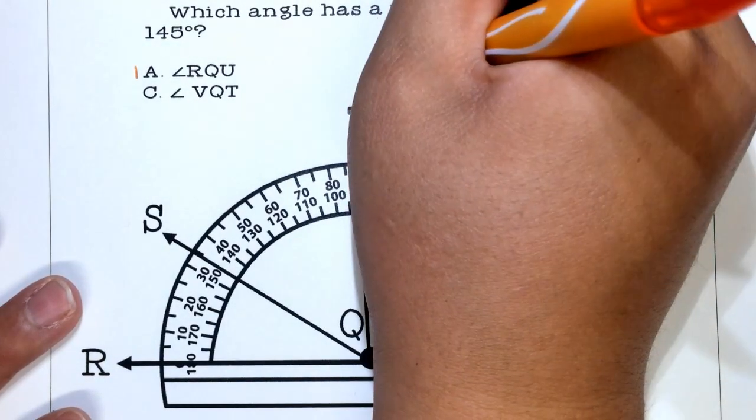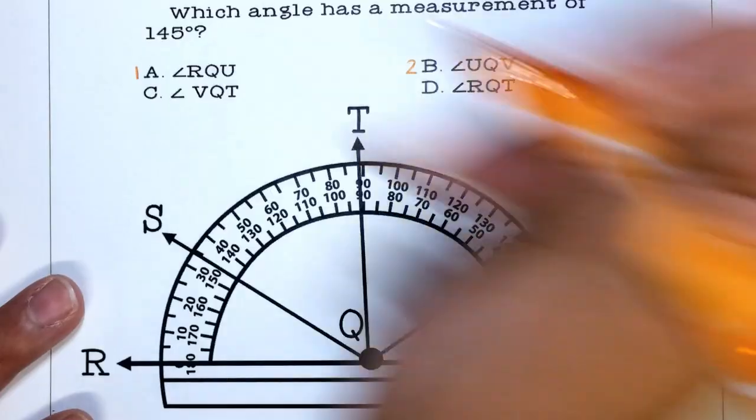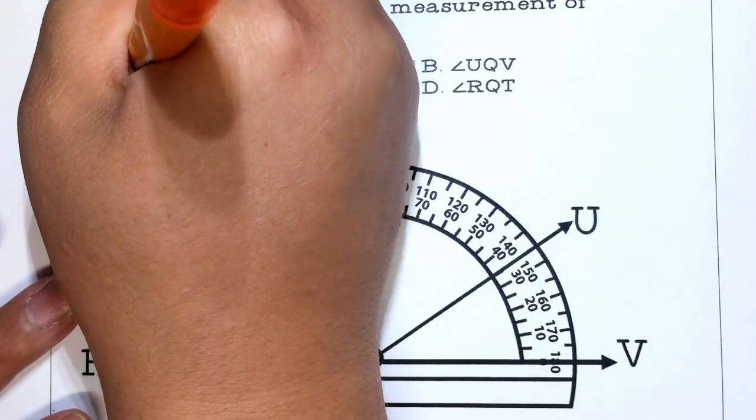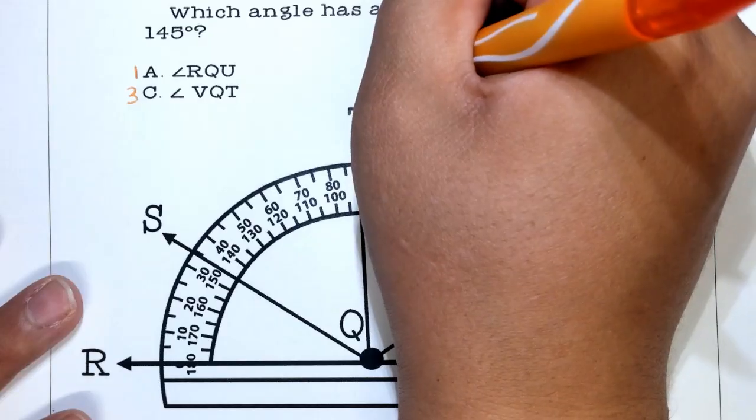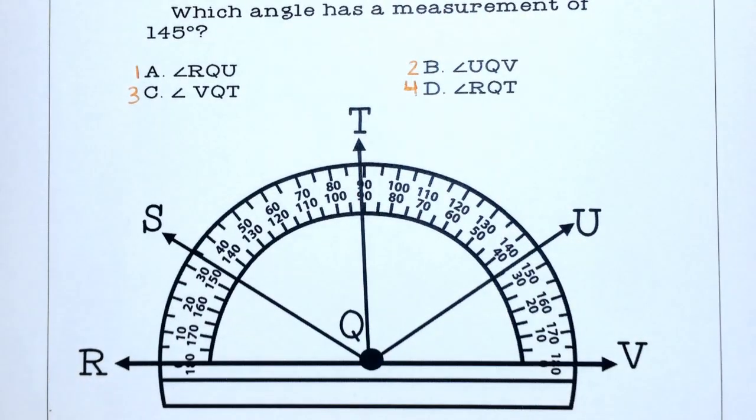If you think it's B, show me 2 fingers. 3 if you think it's C, and show me 4 fingers if you think it is D. Alright, perfect. Y'all can put your fingers down.